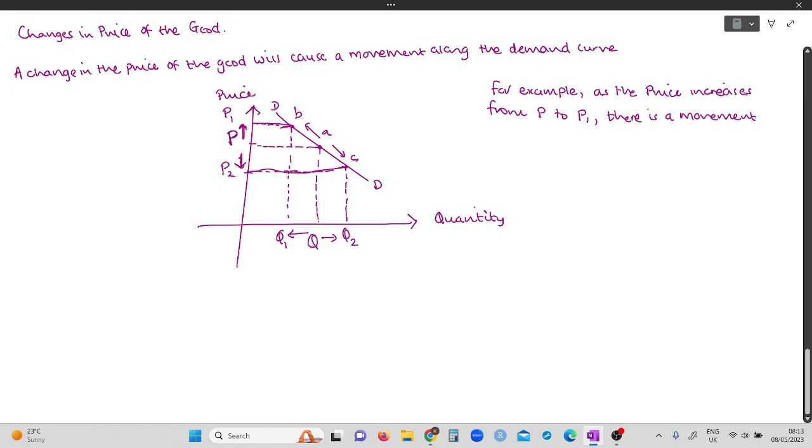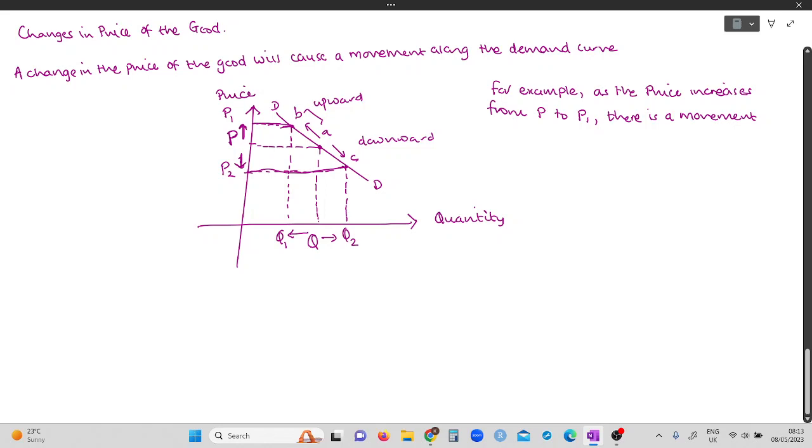When it goes up, we call that an upward movement from A to B; when it goes down, A to C, we call that a downward movement. So A to B is an upward movement and A to C is a downward movement.